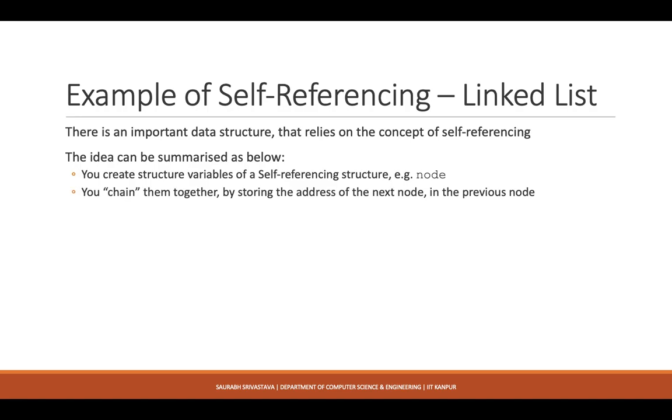This is the idea. Then you chain them together by storing the address of the next node in the previous node. I'll show you an example soon, but the idea is, because I have a pointer within the structure variable itself, I can use this pointer to point to another structure variable. Let us say I have two structure variables, s1 and s2. When I create s1, and I have that next pointer within the s1 structure variable, I can use it to point to s2.